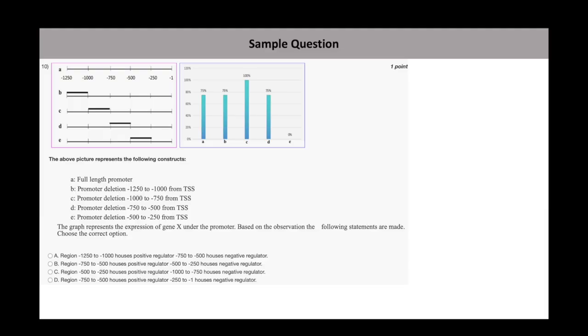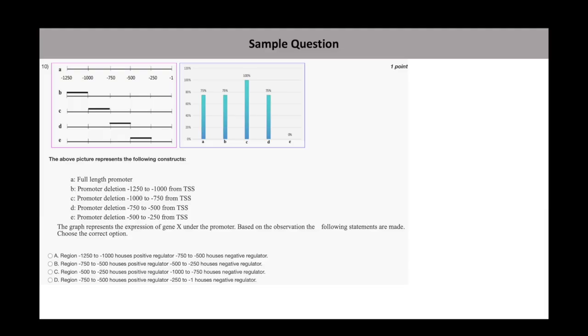Now let's talk about the options that were given. Option A was that region 1250 to 1000, which was B fragment, is a positive regulator. Here we found out that fragment C was a repressor, and fragment D was an activator.